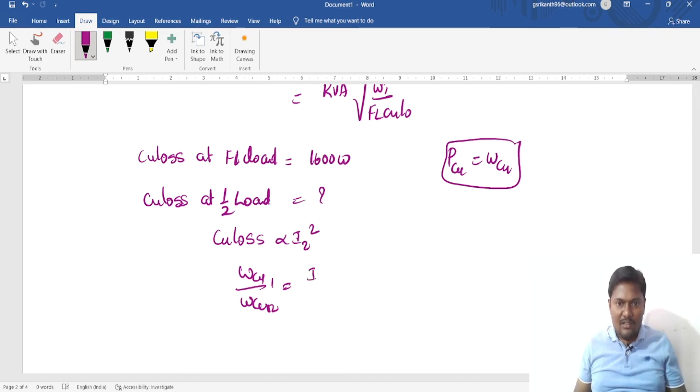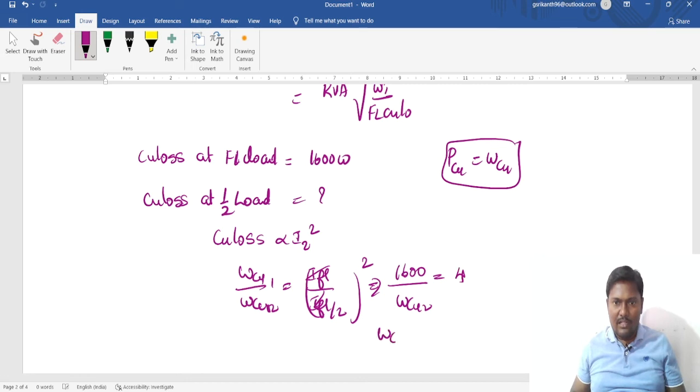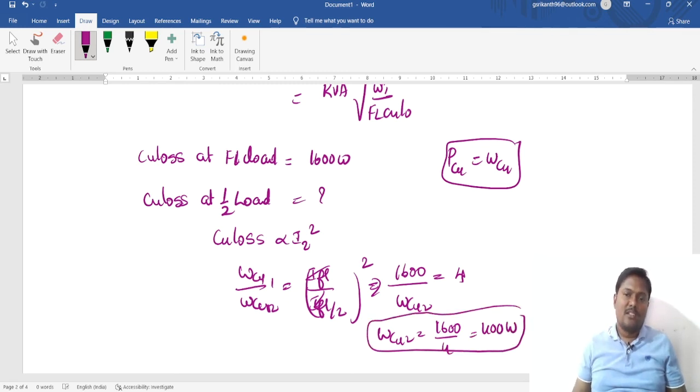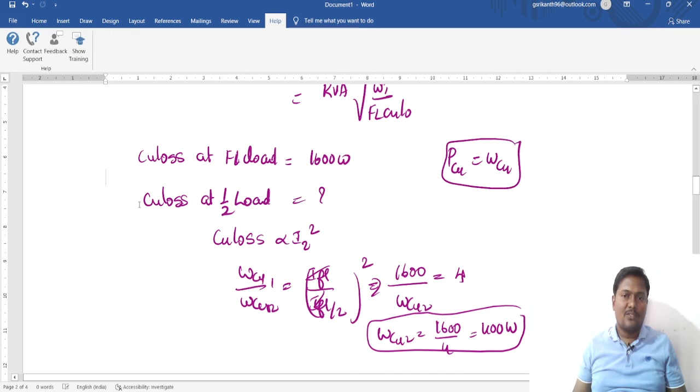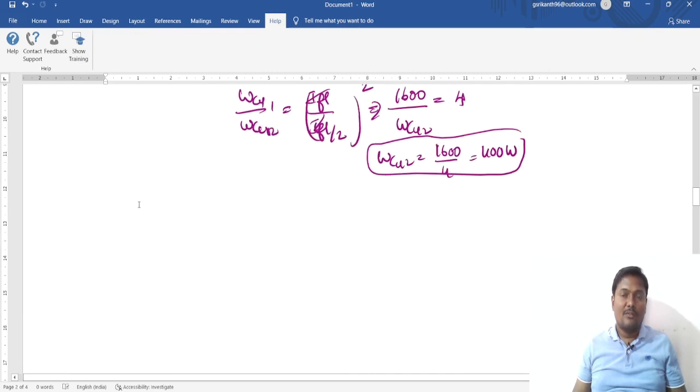I2 square means I full load by 2 whole square, and these two are cancelled. WCU1 is 1600 divided by WCU2 is equal to 4, and WCU2 is equal to 1600 divided by 4, that should be equal to 400 watts. It is not 800 watts, it is 400 watts. The copper losses are reduced to 400 watts if the full load copper loss is 1600 watts.